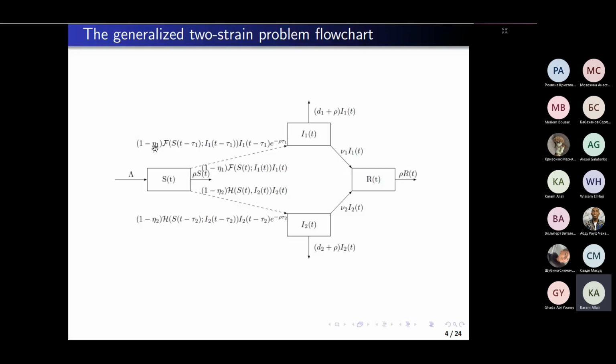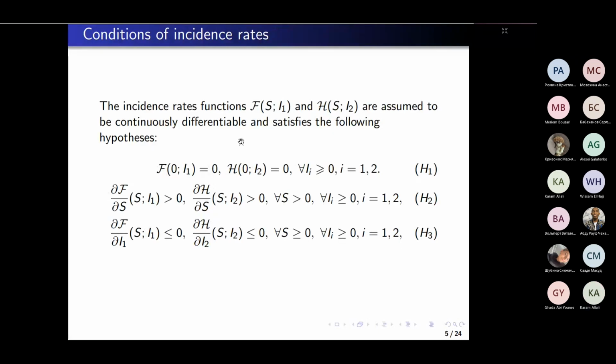If it's 0, the treatment is not efficient at all. If η1 is 0.5, it means it's 50% efficient. Here the incidence rates verify these three conditions.